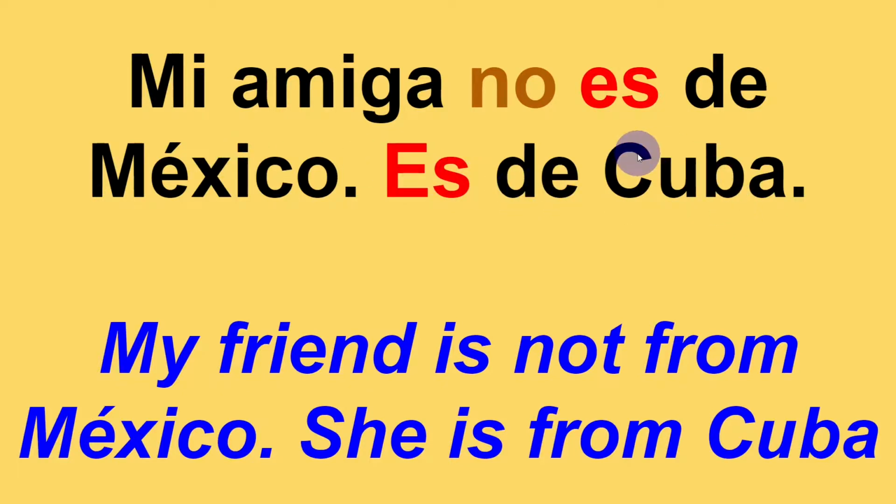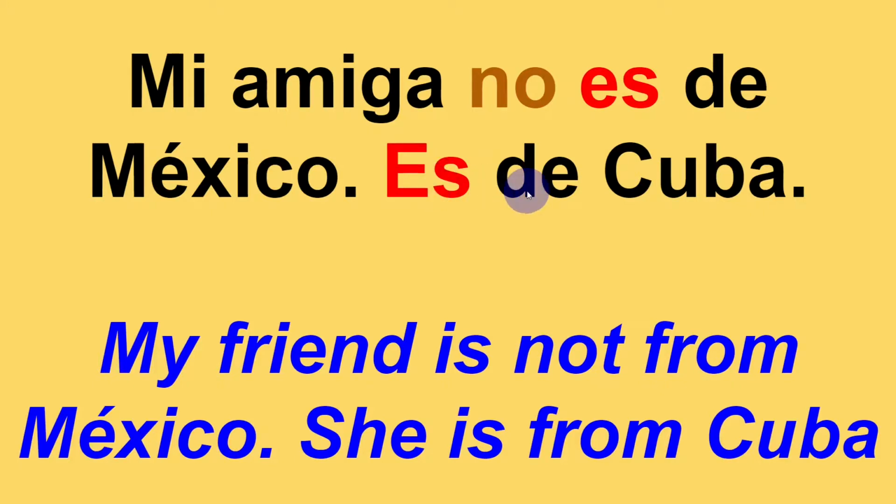All right, so let me explain here. In order for you to make this sentence negative, you add the word no to the left of the conjugated verb. So when you say mi amiga no es, you are saying that she is not from Mexico. That's one of the changes that I did right here. Now the other change, as you can tell, I omitted the subject pronoun to the left of the conjugated verb es.